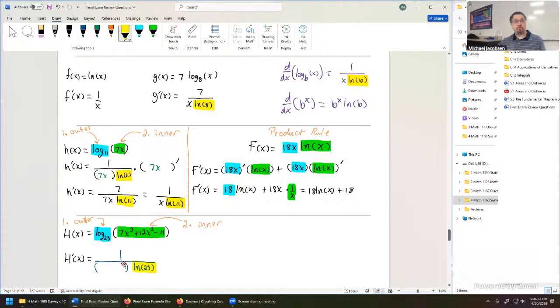So that whole structure that I put down in blue is the derivative of log base 23 of x. X is not there. We put in a placeholder because we have something other than just x going in. So here's where we go, multiply by the derivative of whatever the inner function is, 7x cubed plus 12x to the power of -2 minus 11, copies in both spots.